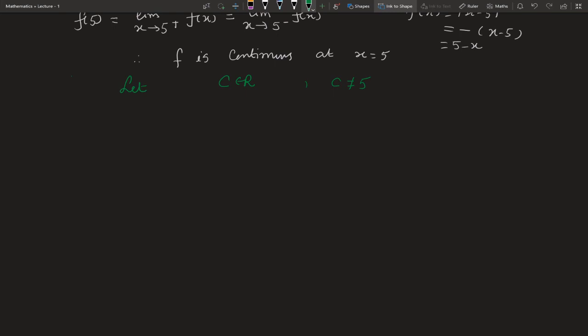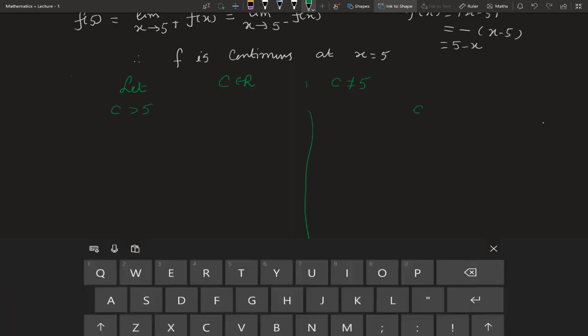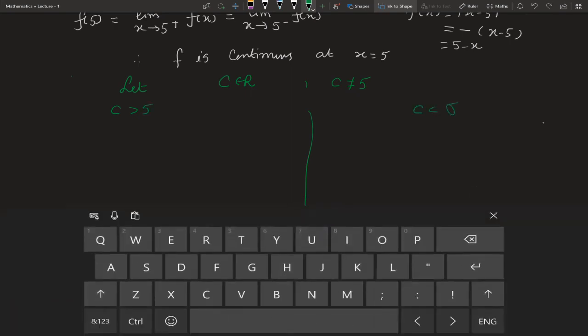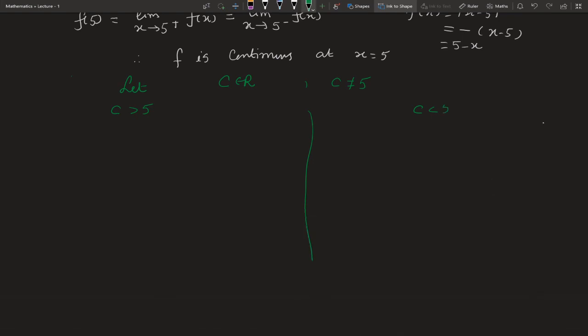Now take arbitrary C belonging to R with C not equal to 5. Suppose C greater than 5, or C less than 5. For C greater than 5, the value of the function is x minus 5, since x is near C greater than 5.